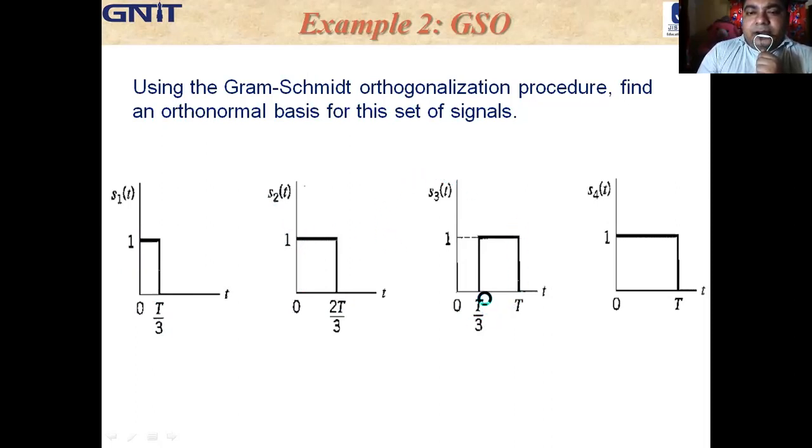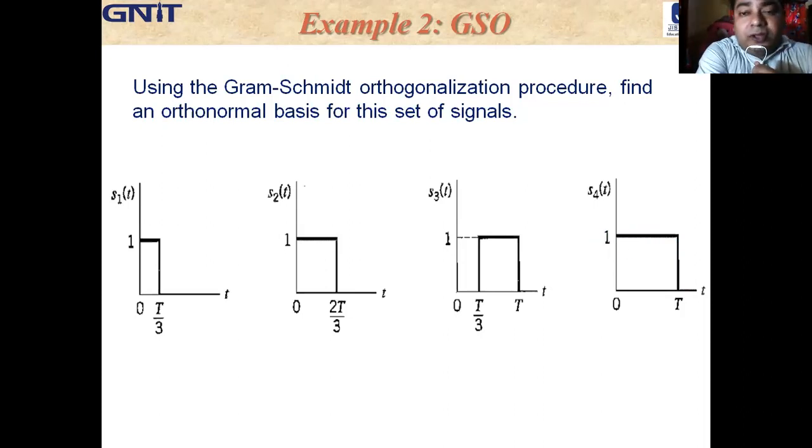S3(t) exists for T by 3 to T and it has an amplitude of 1 unit, and S4(t) exists for 0 to capital T, with an amplitude of 1 unit.